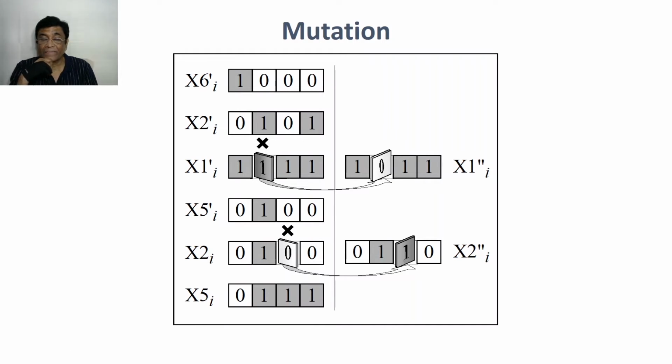So the idea is that the mutation operator helps my search algorithm come out of the local optima where it might be trapped. It might be trapped means fitness values are not changing appreciably. Now with the mutation operator, even then if the fitness values are not changing, that means you have reached the global optima, right? So there is no trap.